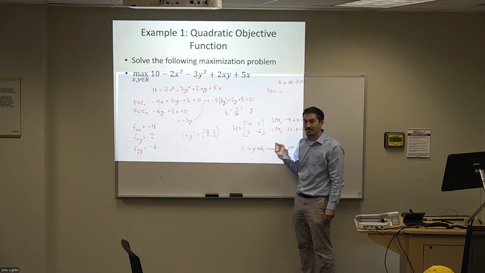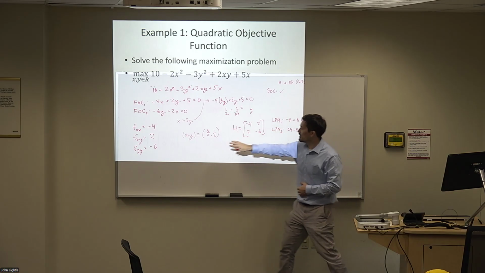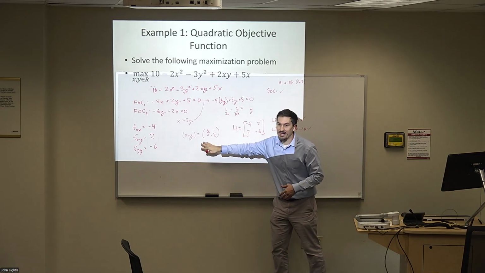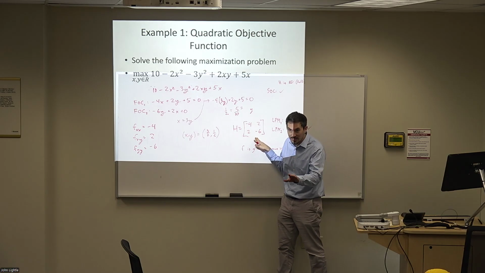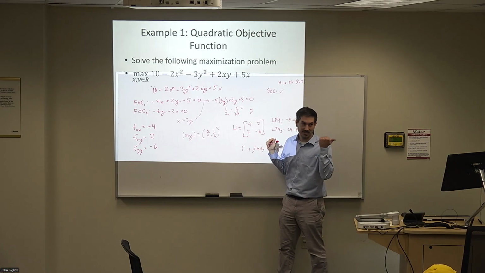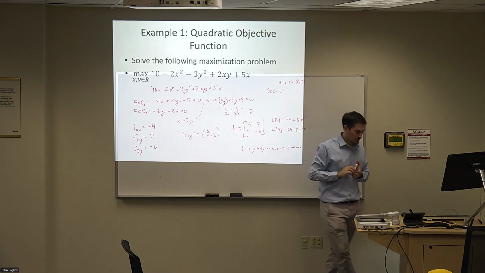And then it's relevant because what we didn't have to do was plug in x equals 3/2 and y equals 1/2 into the Hessian. But you would have to do that, and I believe I have some examples in the future where you have to do that. Does that make sense?